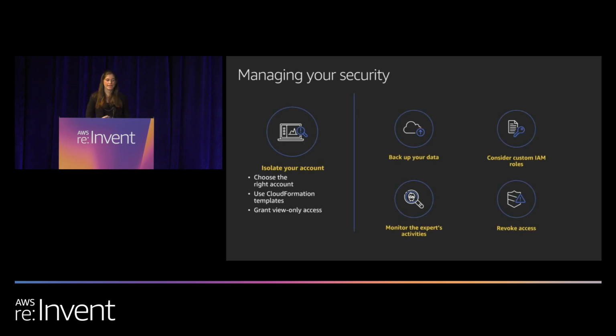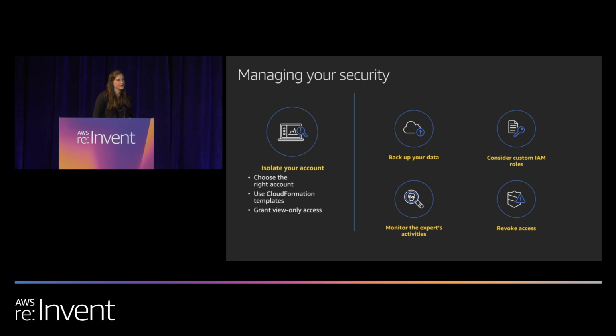But even though we make it quick and simple to grant access to your account, it's really important to manage your security. That starts before you decide to grant a third party access to your account. First, we want to choose the right account. Many of us have multiple AWS accounts, and you'll want to choose the one that grants the expert the information that they need, but minimizes the amount of business-critical data that you're sharing.